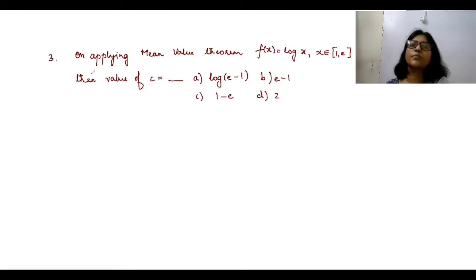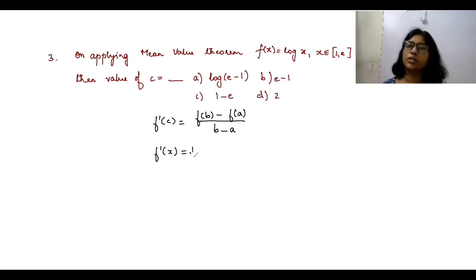Let's go to the next. On applying mean value theorem, f of x is log x. So let's find f dash x first. What is mean value theorem? That there exists c such that f dash c is equal to f b minus f a upon b minus a. Over here b is e and a is 1. So first let's find f dash x, 1 upon x.